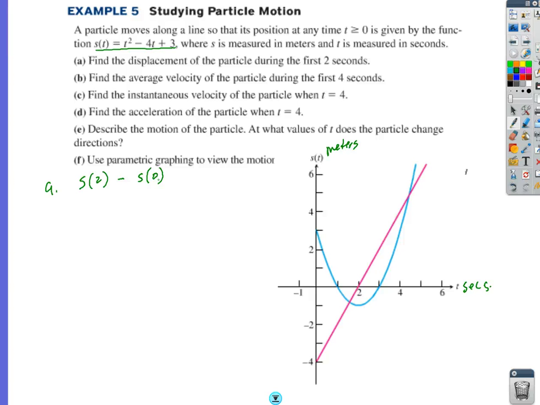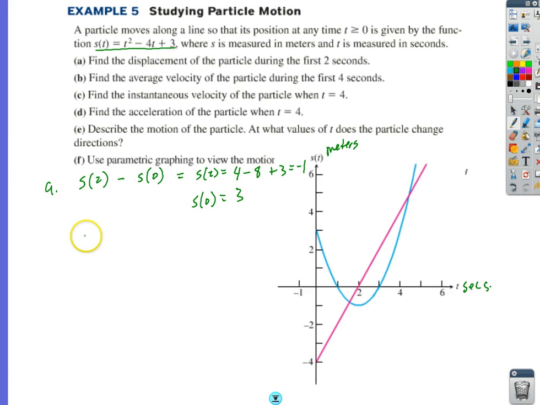Okay, so when I plug in, s of 2 is equal to 4 minus 8 plus 3, and that becomes -1. And then I'm going to do s of 0, which is equal to positive 3.